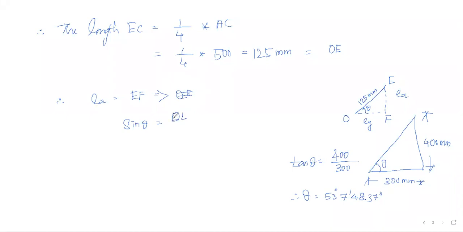Opposite side EF divided by hypotenuse OE, therefore OE sin theta is equal to EF. So EF is equal to EX is equal to OE value 125 into sin 53 degrees 7 minutes 48.37 seconds.